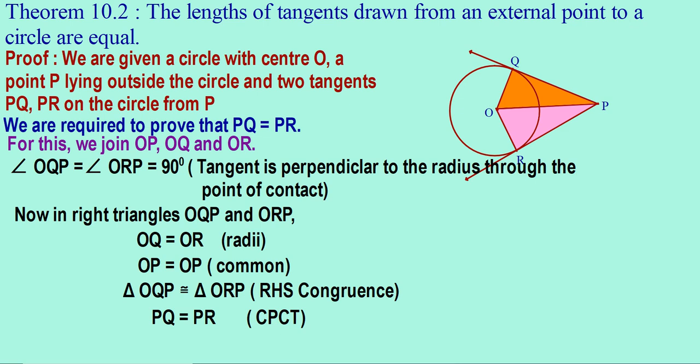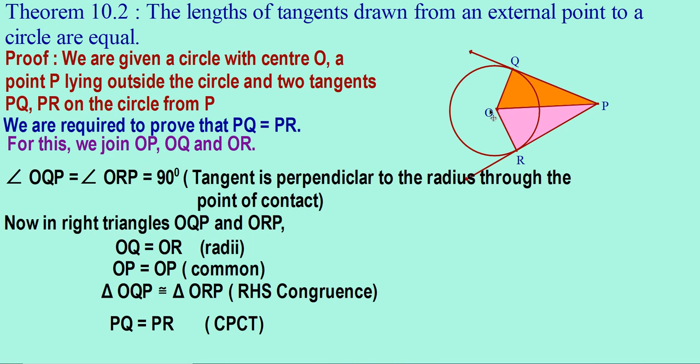This is also an important theorem. Many times it is asked in CBSE examinations. So first, we took the circle with center O, and PQ and PR are the tangents. Next, we have to prove PQ is equal to PR. For that, we join OQ, OR and OP.